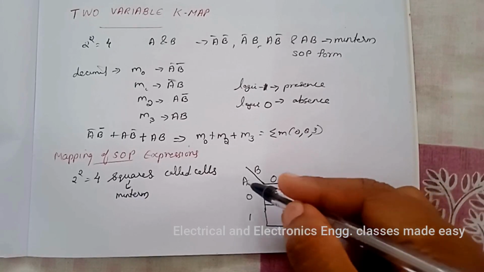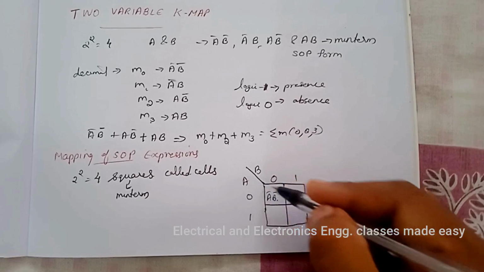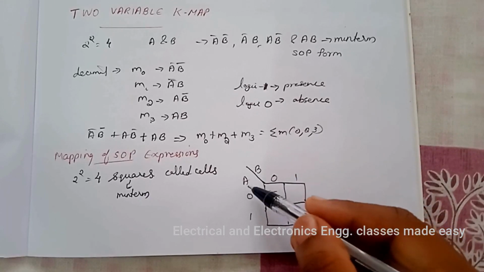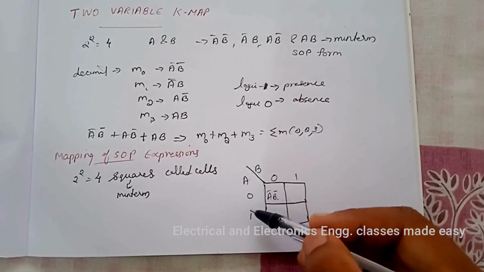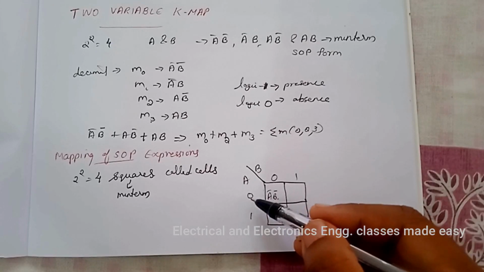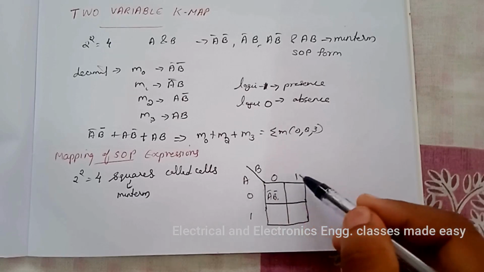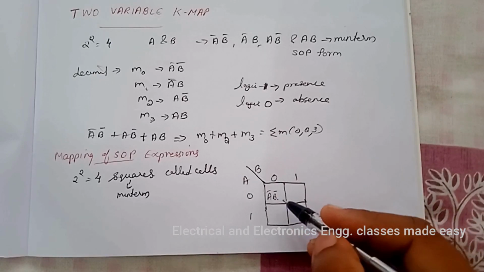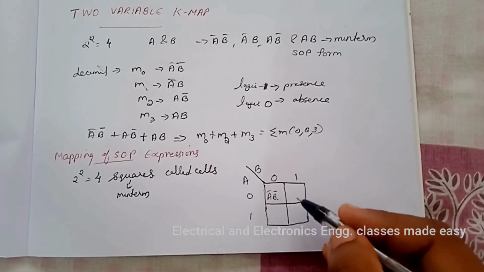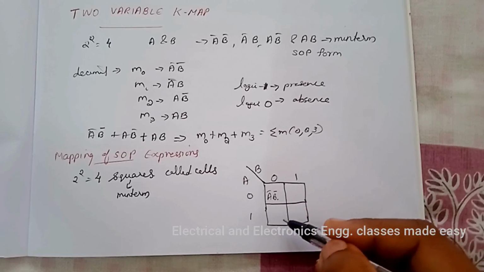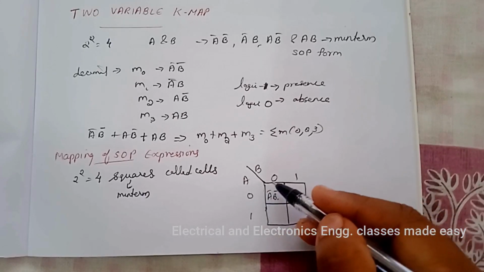That is A and B here, and the values of A are represented column wise, that is 0 and 1. Here B, 0 and 1 are represented row wise, and these are the minterm designations, and it is 0 0.